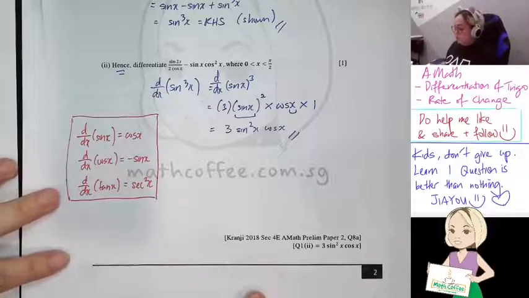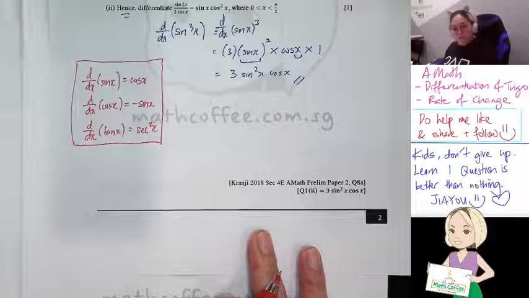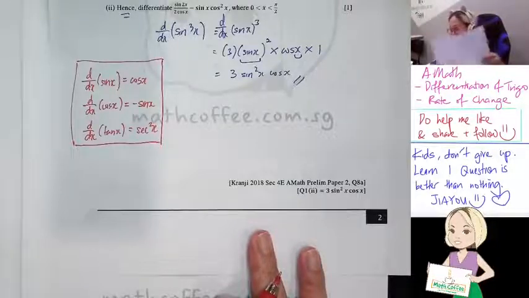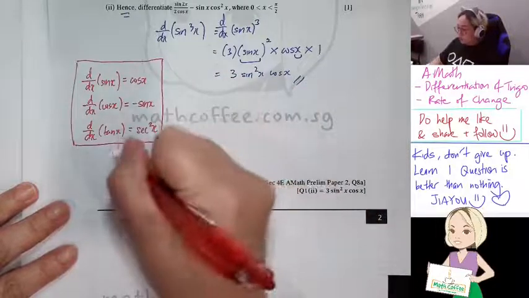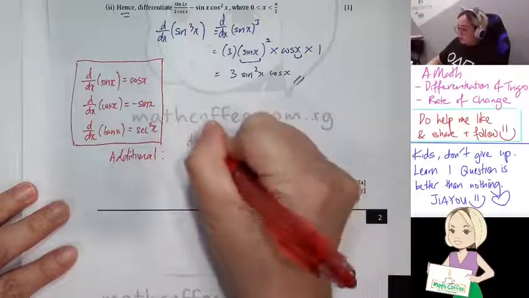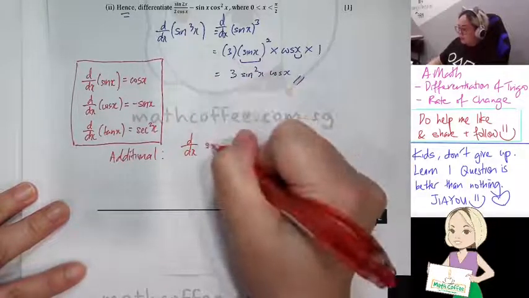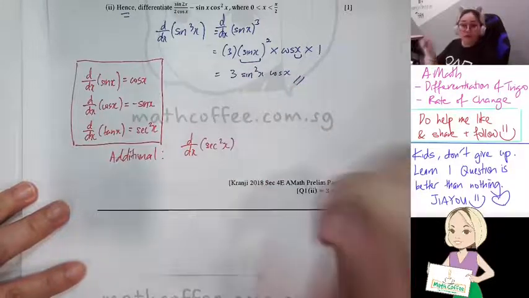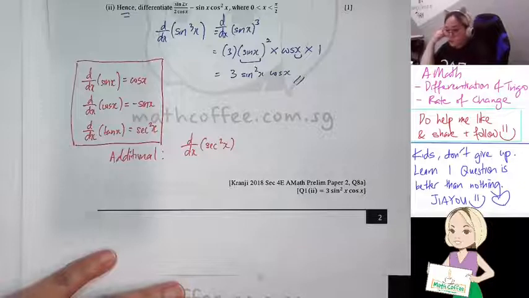Okay. So take note, one thing is sometimes, for example, there's a question, this one is additional. If they ask us to differentiate, for example, secant square x, then students wonder, how to differentiate? Actually, there's 2 ways of doing it.